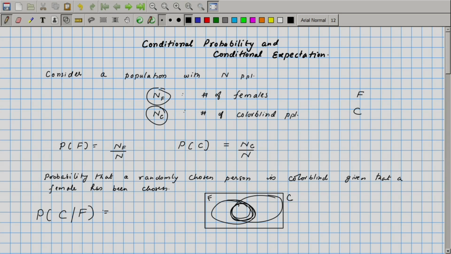We are interested in computing a probability, but we are restricting the sample space. Instead of considering the entire sample space, now we are restricting to the sample space which consists of only females. So, this probability should essentially be number of color blind females divided by number of females. It is a fraction of color blind people amongst women, that will be this probability.